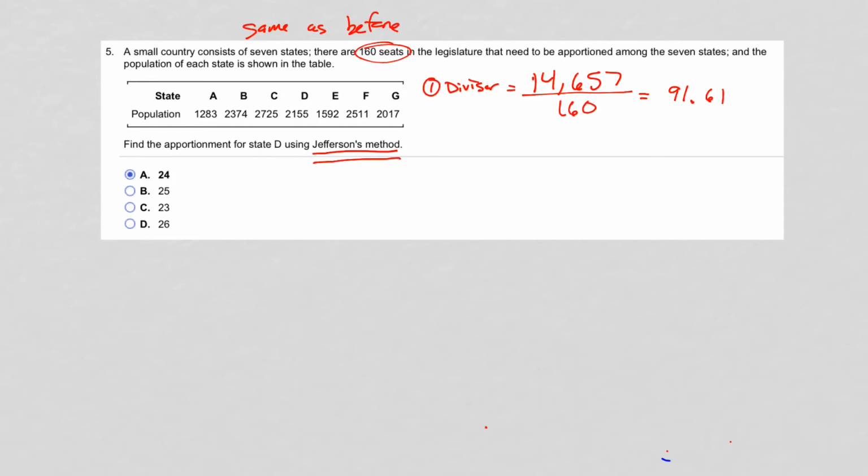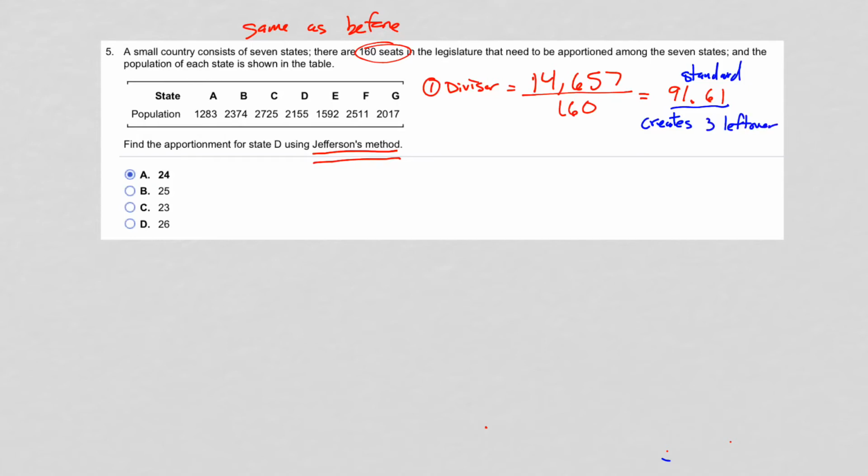So for Hamilton, if you use this number, which is the standard, this creates 3 leftover.